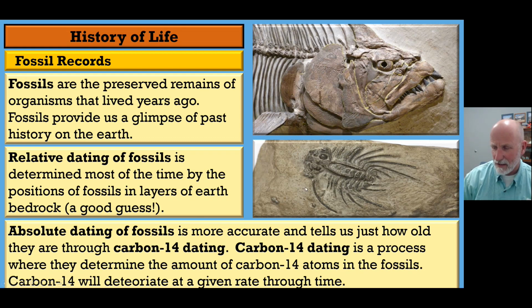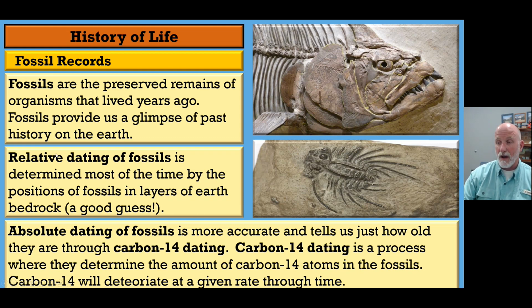You just let students know that carbon dating is a key way of dating fossils. You don't have to go into the radioactive decay rate of carbon. Just know that there's a way of doing it, and that's what we call carbon dating.